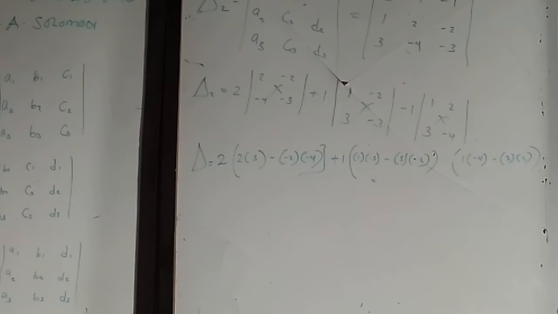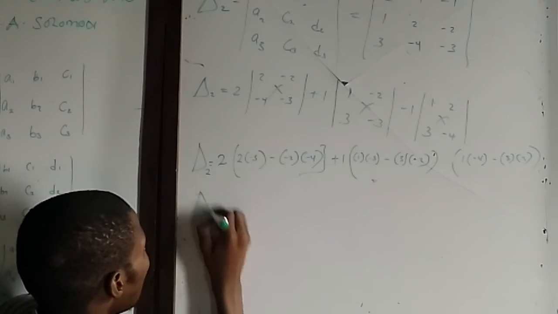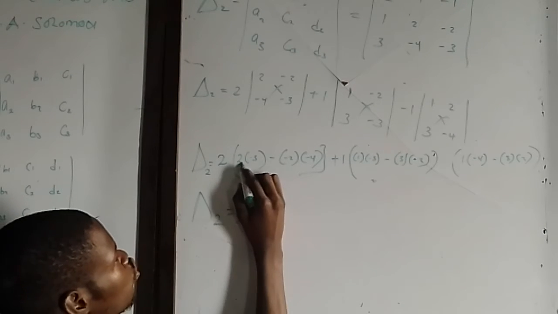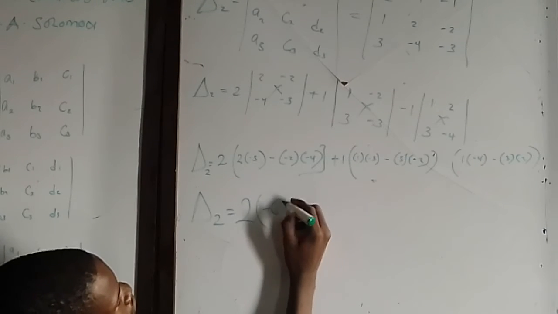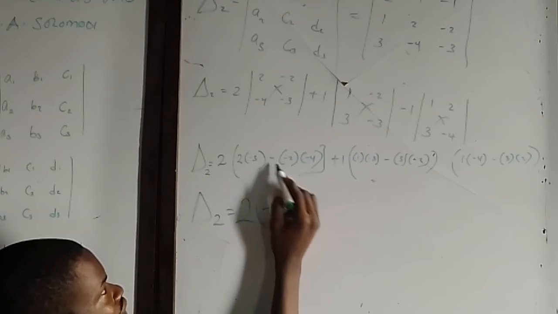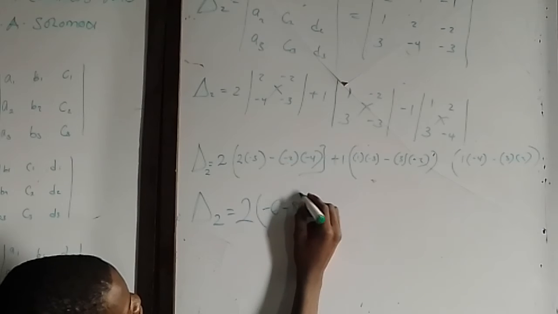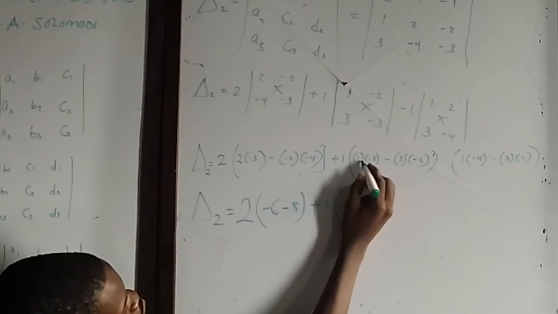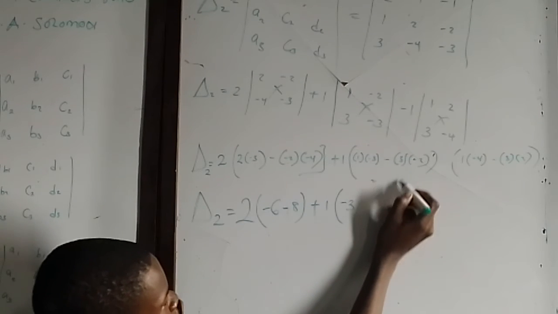So now our D2 is equal to 2 times 2 minus 3 is going to give us minus 6. Then minus 2 times minus 4 will give us plus 8. Then it's going to be minus 8. Then we have 1 times minus 3, which will give us minus 3. 3 times minus 2 will give us 6.